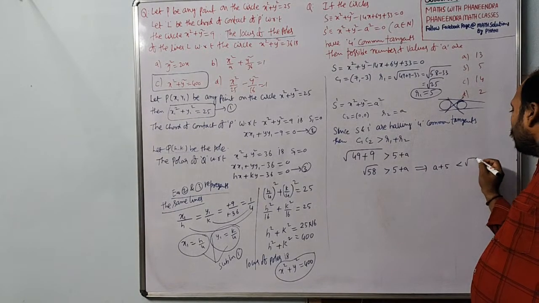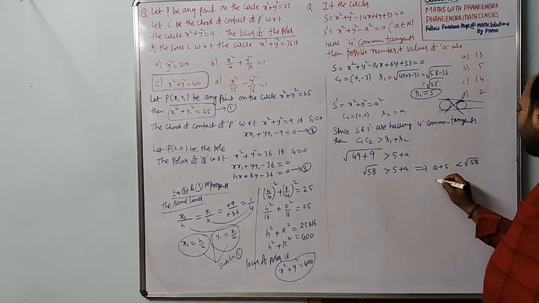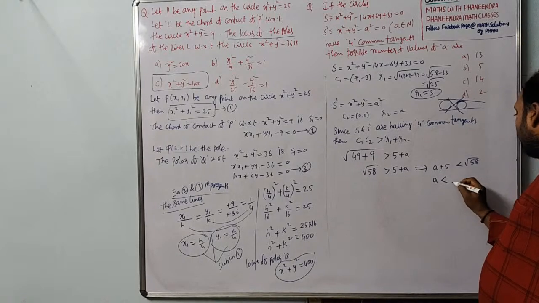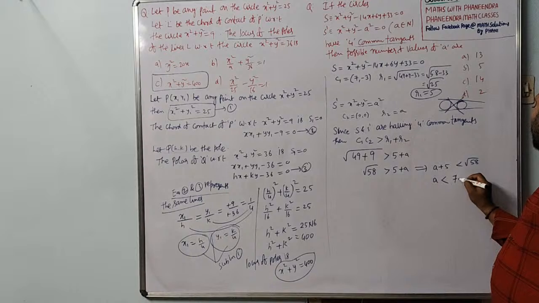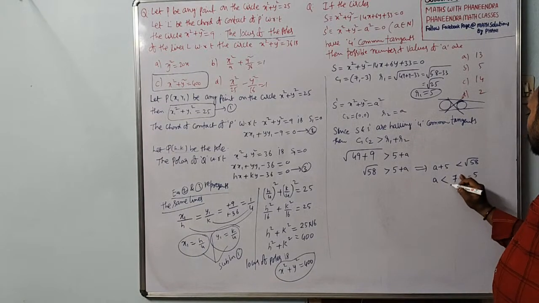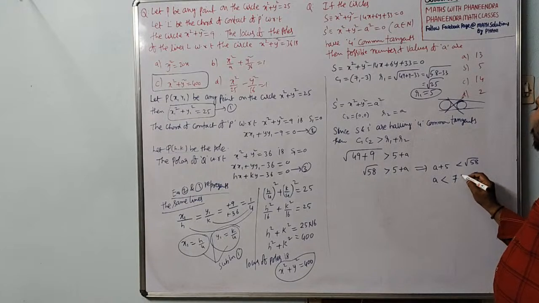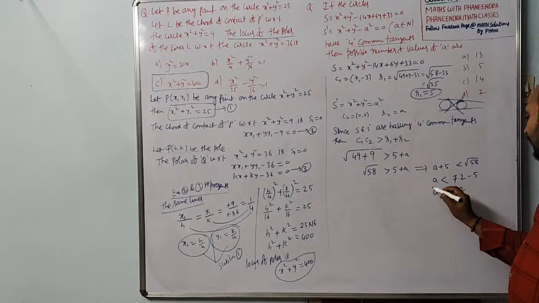Root 58 is slightly more than root 49, which is 7, so approximately 7.2. Minus 5, so a is less than 2.2, that is, a is less than 2.